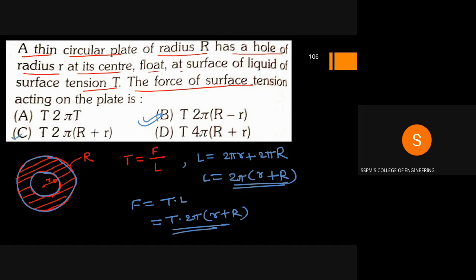So the correct option is option C: T into 2 pi in the bracket capital R plus small r.